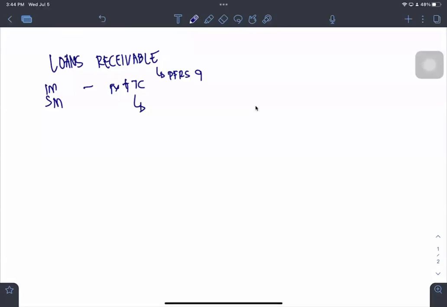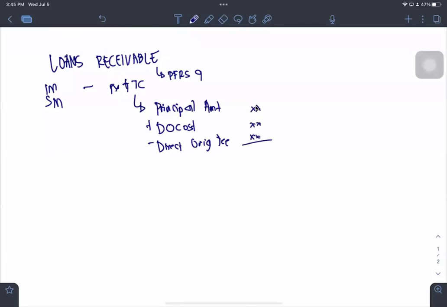But pursuant to fair value plus transaction cost, your loans receivable is computed by getting first your principal amount plus direct origination cost less direct origination fee. So principal amount plus direct origination cost less direct origination fee.